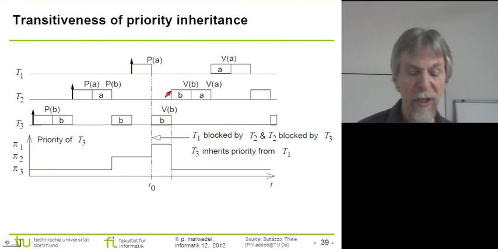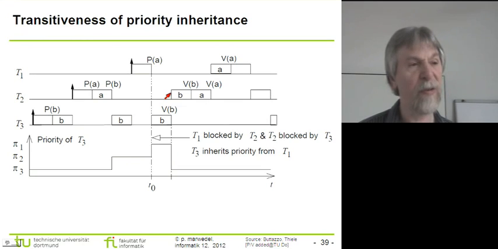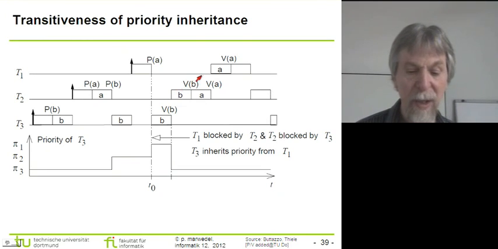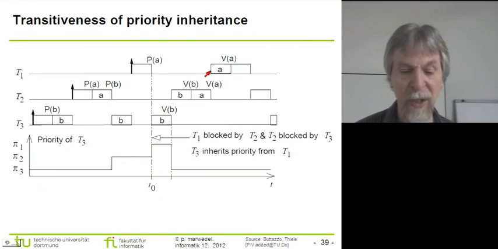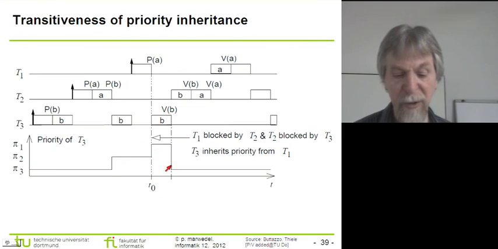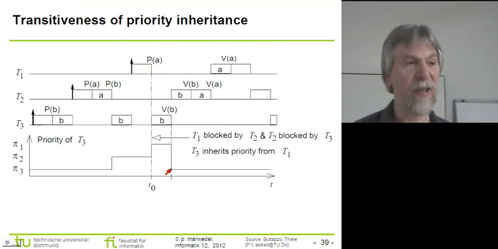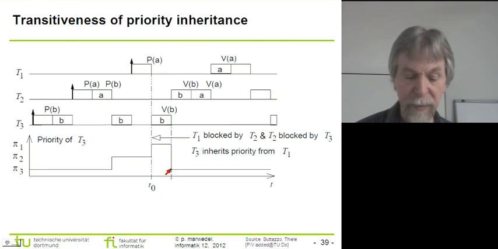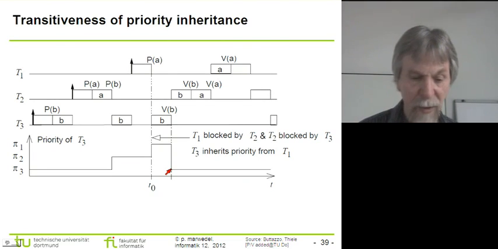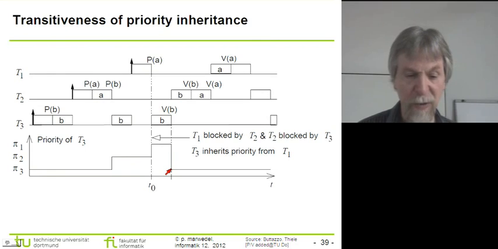If we are releasing B, then we are not blocking T2 anymore, and therefore this whole chain is breaking, and there is no dependency to T1 left either. So therefore, the priority is reset to the initial priority. Okay? So that's how we have to take into account such a chain of dependencies.